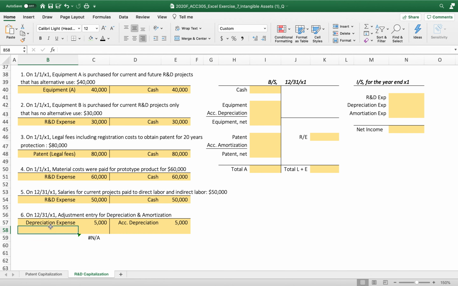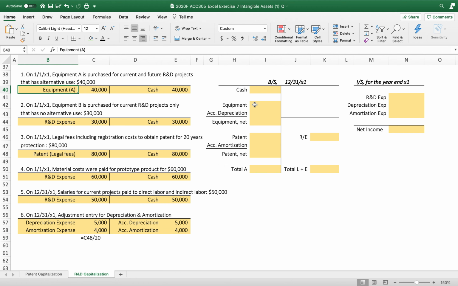And then for the patent, amortization, we should record amortization expense $4,000. How do you get it? This 4,000 is 80,000 divided by 20 years. And then in the same way accumulated amortization 4,000, right?